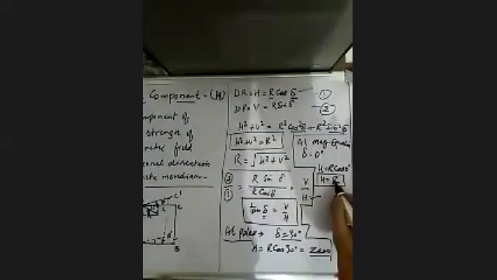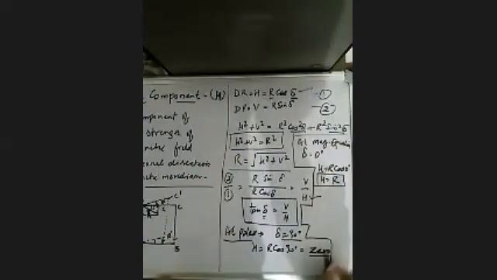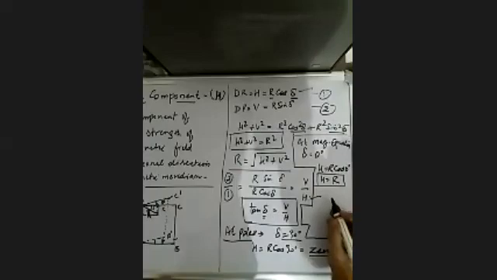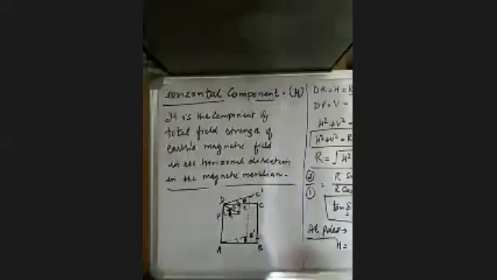So at the poles it is 0, and at the equator it is equal to the total field strength of the magnetic field. The value of the horizontal component is measured by an instrument called a vibration magnetometer.